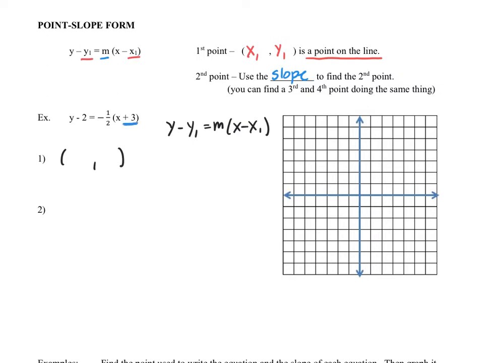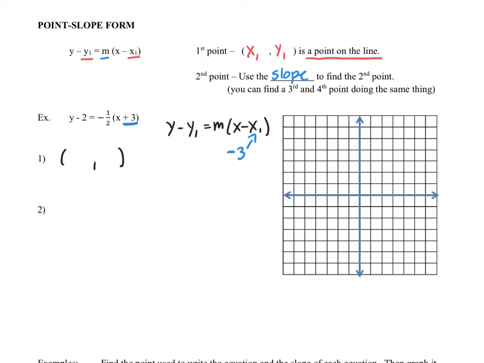In my equation, I see a plus 3. But if I substituted in 3 here for my x1, then I would have minus 3. But that's not what I have in my equation. So in order to get that addition, I need to be subtracting a negative value. So this x1 actually needs to be a negative 3.